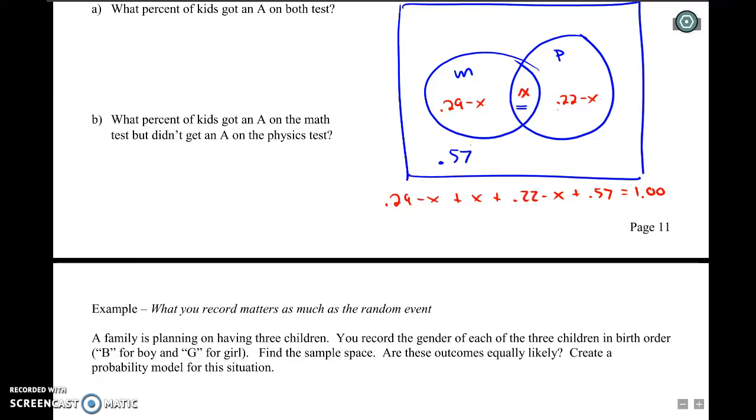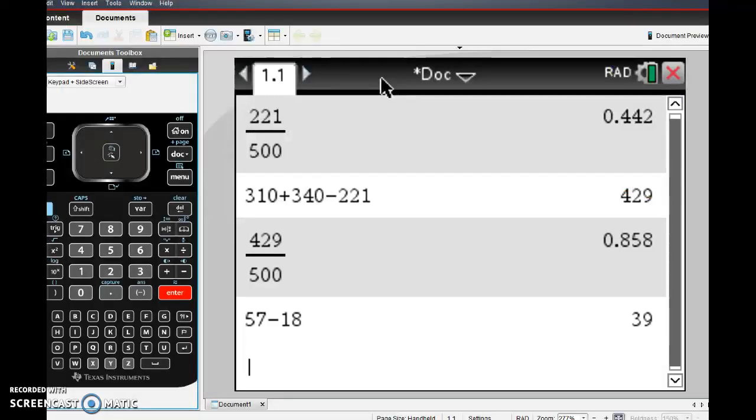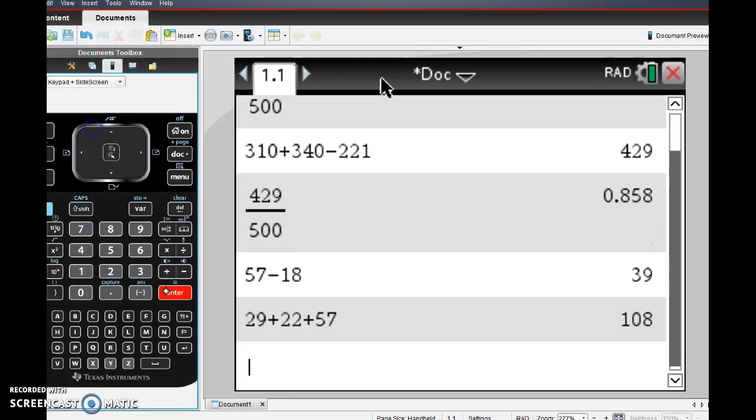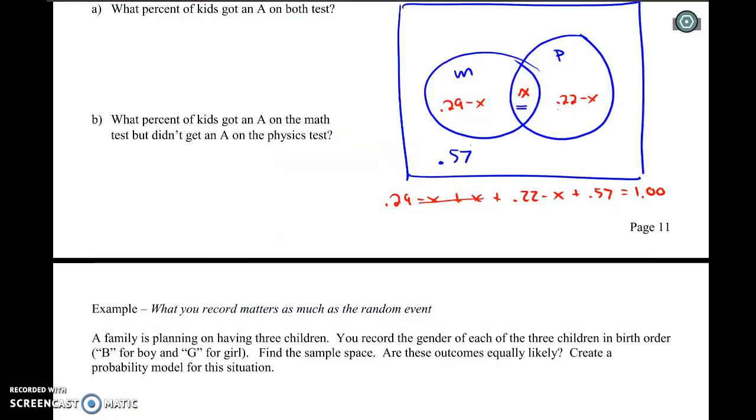So these x's cancel out. Oh gosh, 29, 22, and 57. I'm just going to add those up. 29, 22, 57. 1.08. So 1.08 minus x equals 1.00.